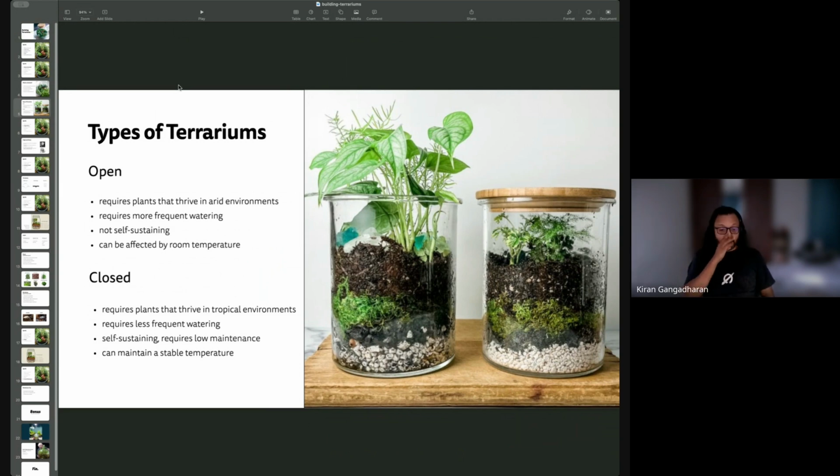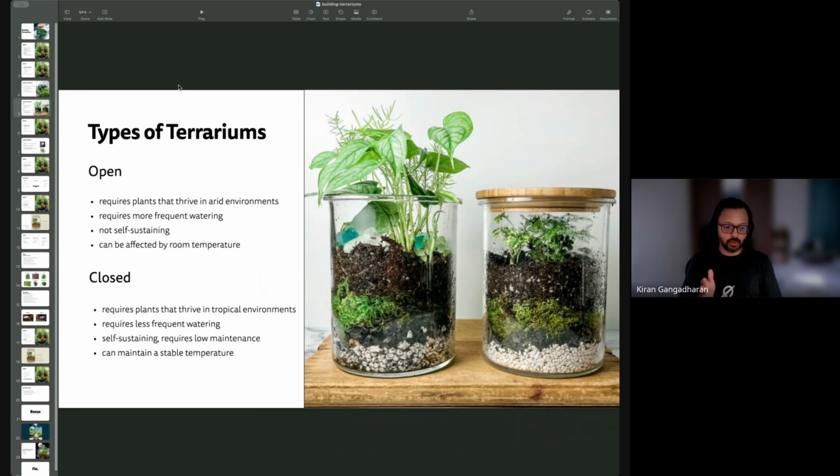But the idea behind terrariums is to emulate the natural ecosystem as much as possible with as little intervention as necessary. So generally, in open terrariums, you find people keeping things like succulents, because they mostly can store water, and hence you don't need to water very frequently. But there are also other problems with this setup, which you can relate to your typical potting soil mix type setup.